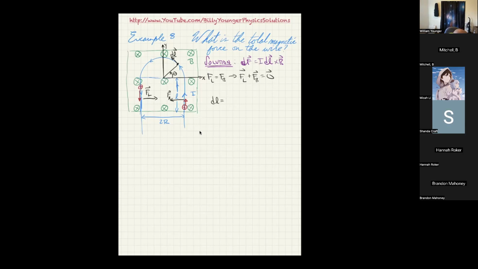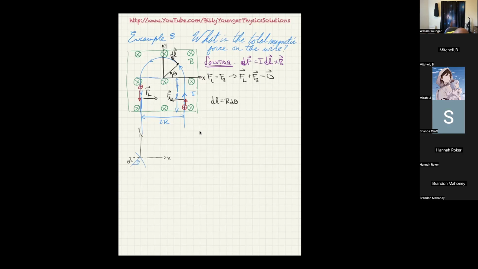Now dL could just be written as R d theta, but it points in a very specific direction. In fact, if I blew up this little area, what I'd see is this x-axis, this y-axis, and then that little arc going by right here, which is at an angle theta, which means if this is the angle theta, then this too is the angle theta.